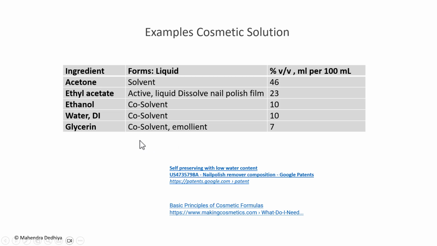So when we are formulating a solution dosage form, solvent, co-solvents, pH buffering agent, and viscosity enhancer such as sorbitol are used, density by using glycerin or sorbitol, and preservatives.